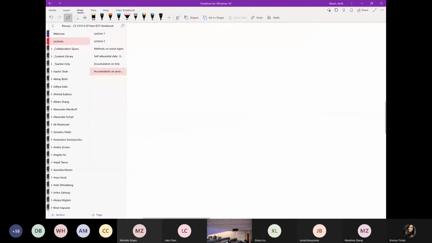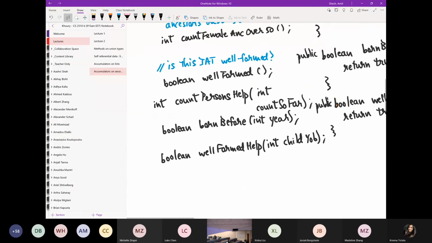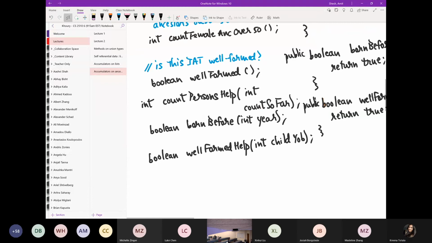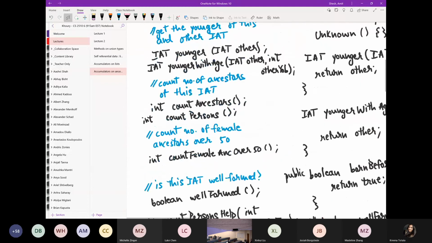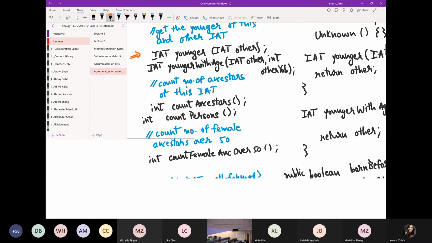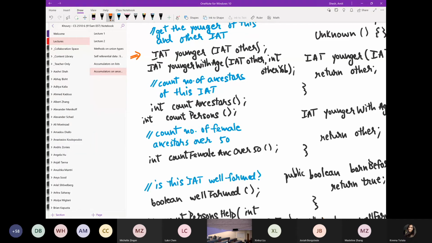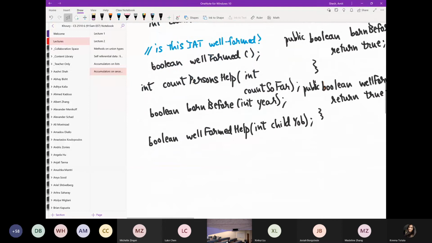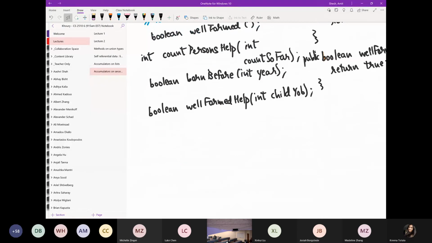What I'm going to do is come back to the first method that we tackled, this younger over here. I'm going to have a couple of methods that are similar to this.